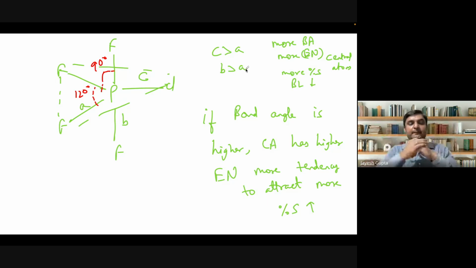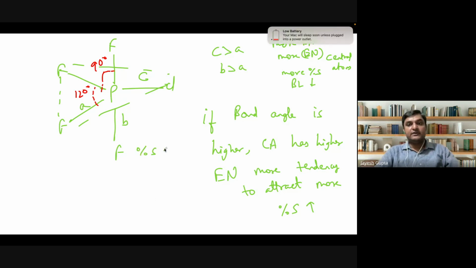Now between C and B, how to do? Now between C and B, you can see chlorine and fluorine. Fluorine has higher En, so percentage S will decrease to a larger extent. And for chlorine, percentage S will decrease to a lower extent because En is lower.